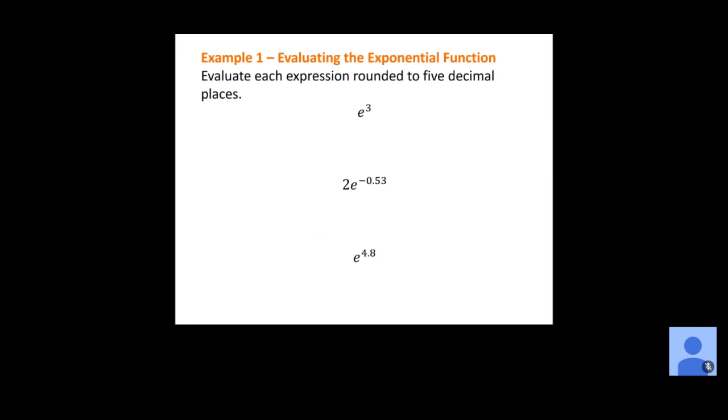All right, so now we just want to evaluate each one of these, just like we did example 1 in the previous section. We're going to use our calculator. This time it wants 5 decimal places. So again, make sure you can locate the E key on your calculator. We're just going to do E to the 3rd power. If we do E to the 3rd to 5 decimal places, what do we get?